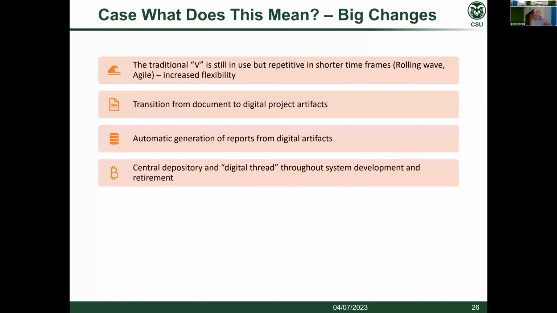Also, we might have more sensor repositories and hopefully effectively enable digital threads through system development and retirement. That means as the system is continuously evolving, or even as it's retired, or as new programs are put forth that are similar to previous ones, I have that repository with that information and potentially ways to interact with that information at a relatively low cost of entry.